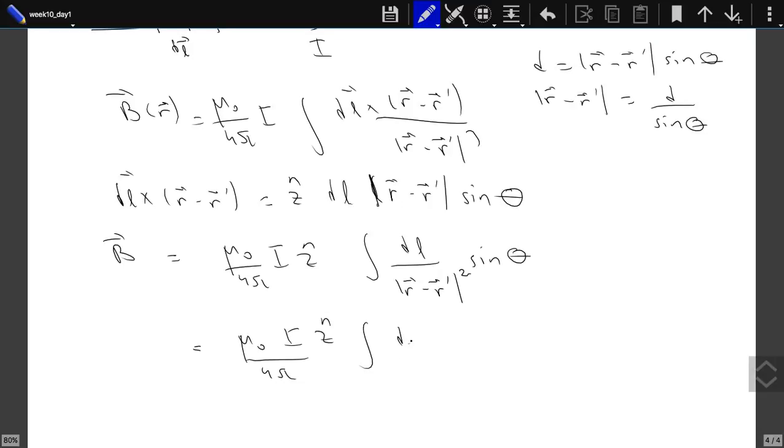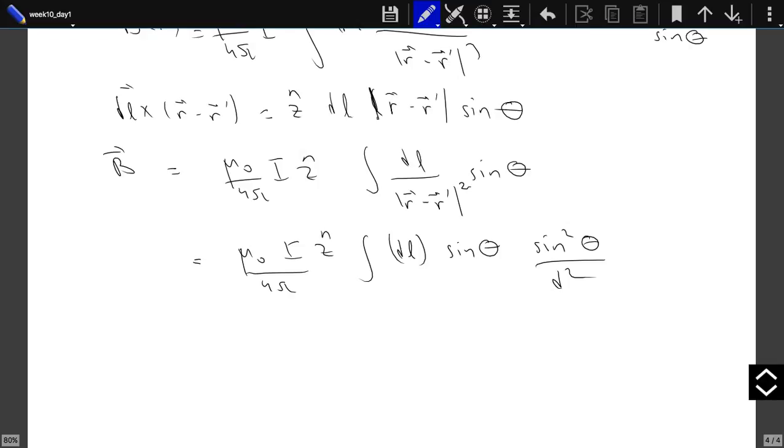So let's write them first. dl times sine theta times sine squared theta over d squared, or mu 0 I over 4 pi d squared in the z direction, dl times sine cubed of theta.